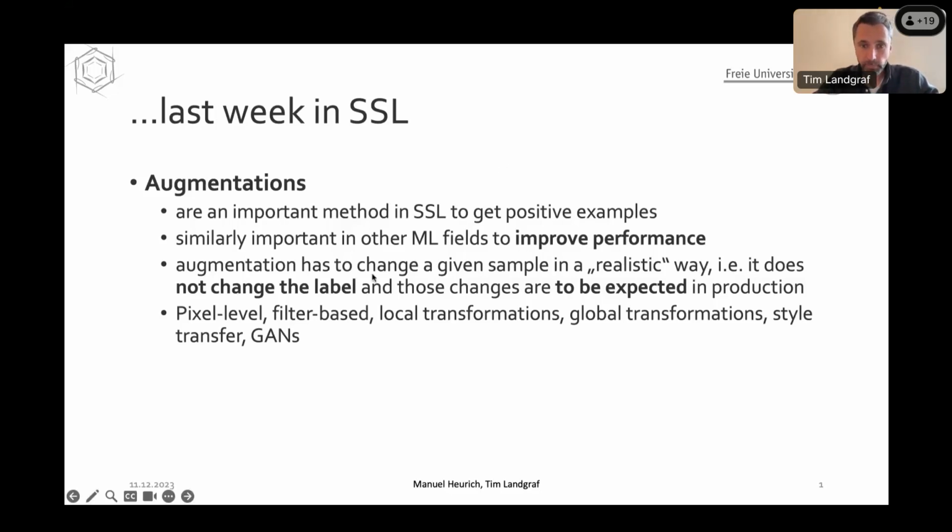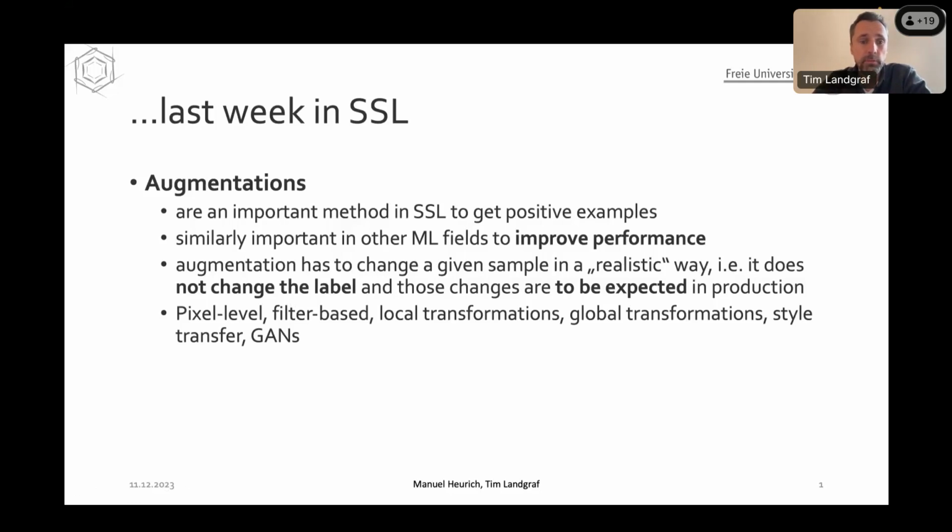To this end, augmentations have to be in a way realistic. So they have to reproduce the changes of data points that are to be expected under real-world conditions, and obviously they shouldn't change the label, otherwise they will not be very helpful.